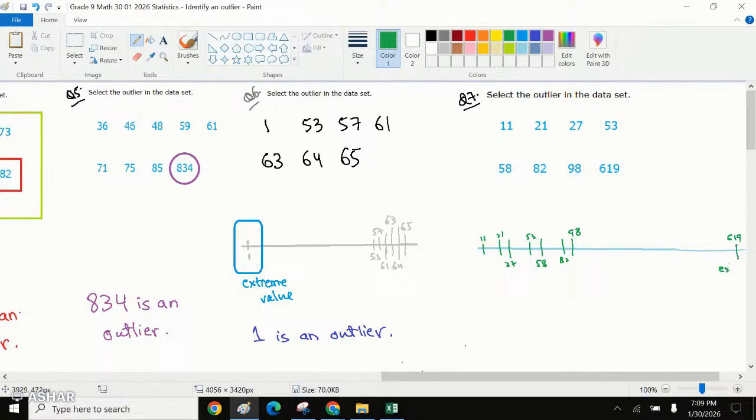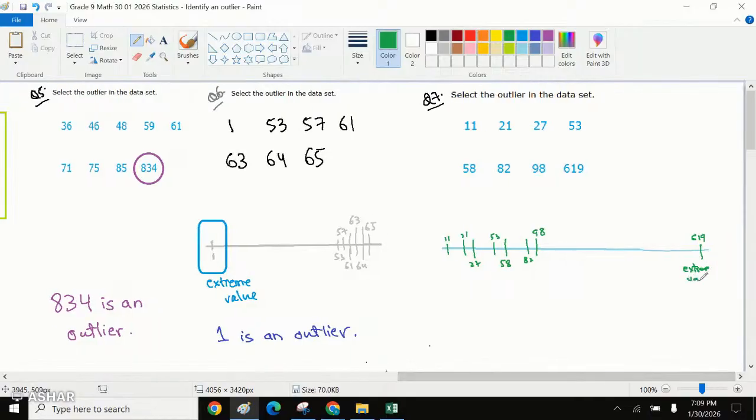So 619 is the extreme value. Agreed? So we can say that 619 is the extreme value, and whichever value is the extreme is always the outlier. In this case 1, in this case 619. So we can say that 619 is an extreme value.